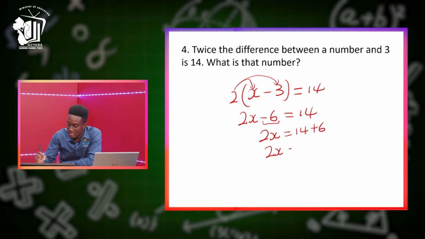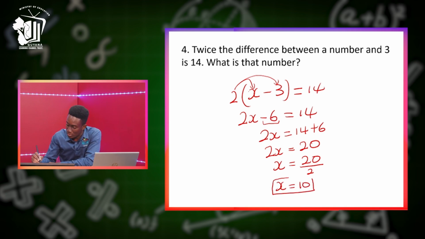So 2x is equal to 20. And to solve for x, we see the 2 is multiplying the x. So x will be equal to 20 divided by 2. And the 2 goes over, it will divide. So x is equal to 10. So the number is 10.